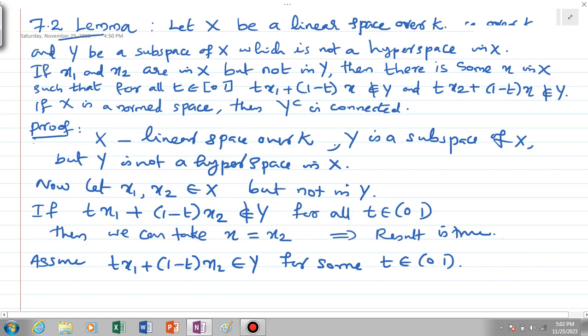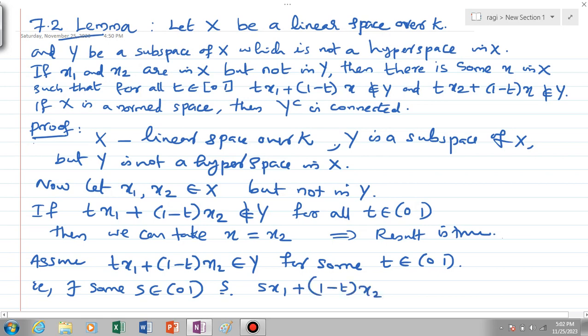Let that point be s. That is, there exists some s element of open interval (0, 1) such that s x1 + (1 - s) x2 is an element of Y.